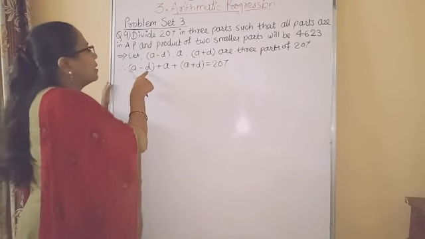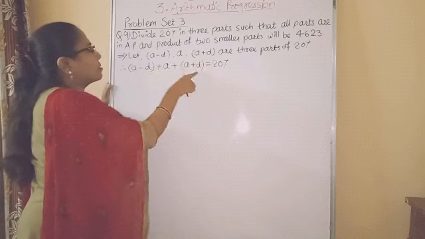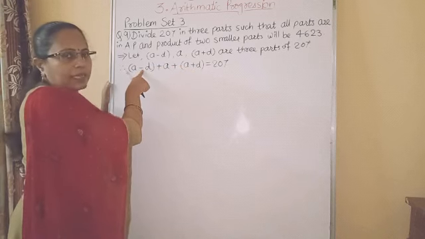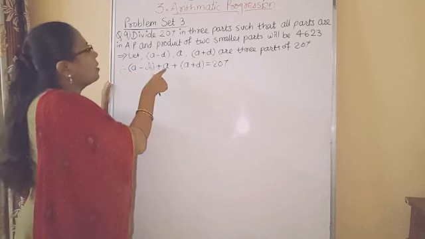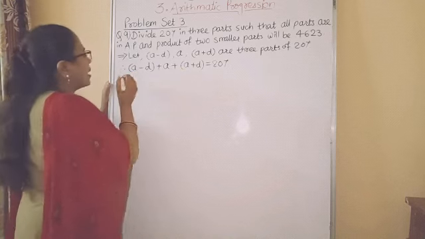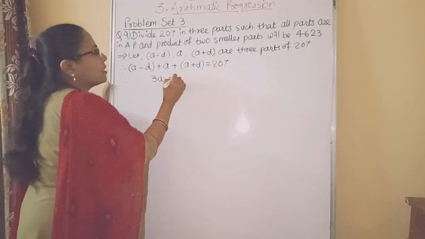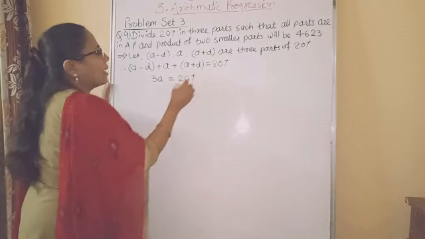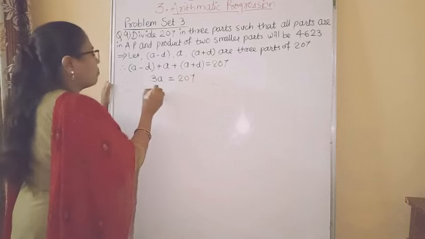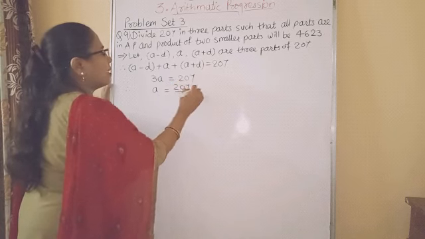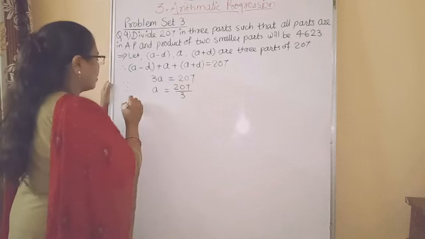Now this is algebraic expressions. According to that, these D are like terms having plus and minus sign. So they get cancelled and their addition we will get A plus A plus A is equal to 3A. So 3A is equal to 207. Therefore, A is equal to 207 divided by 3.